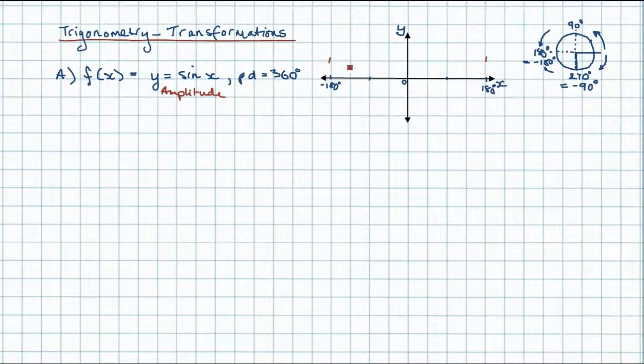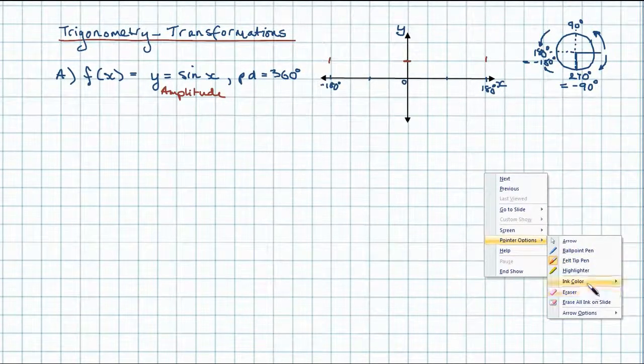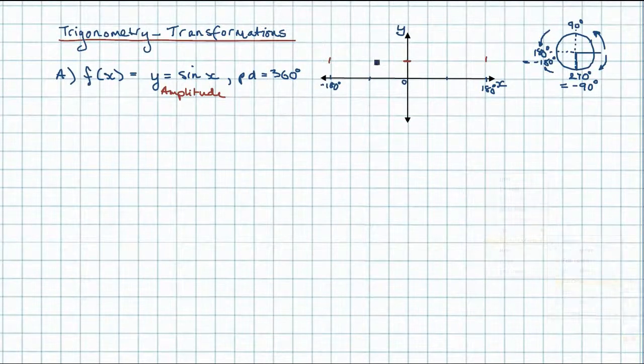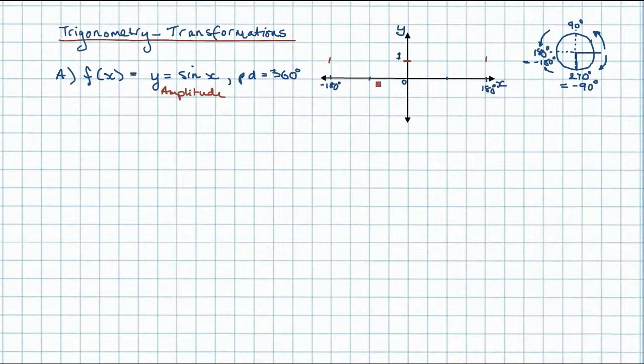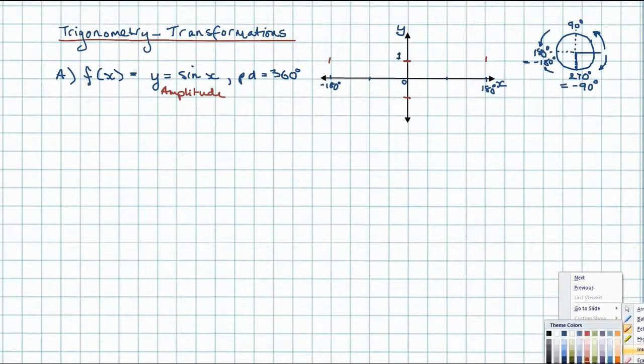Well, we've seen that the sine function extends up to 1. So let's use this mark here. The highest our function can reach is a y value of 1, and the lowest is going to be a y value of negative 1, like this.